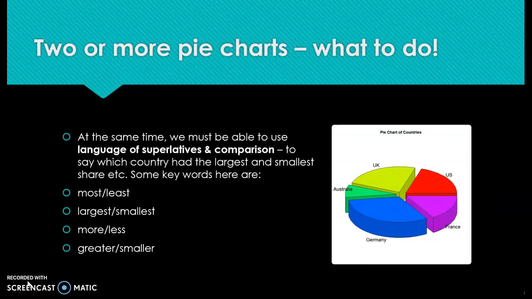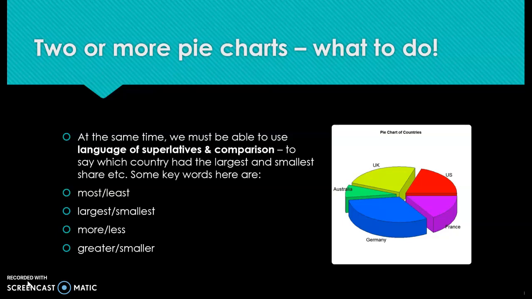So at the same time, we need to be able to look at the language of superlatives and comparison to say which, for example, which country had the largest or which had the smallest share. And some keywords here to remember are the most or the least, so that's for a superlative. Largest, smallest, more or less, and greater and smaller, so that's for comparing.